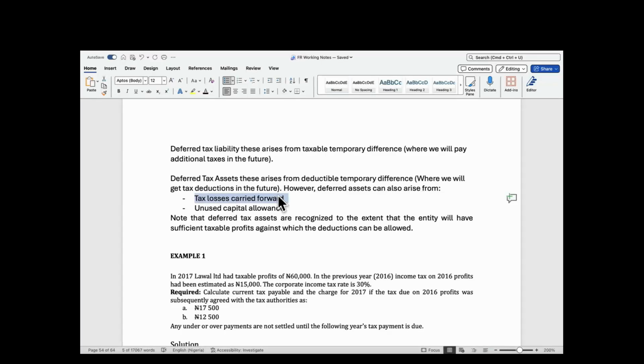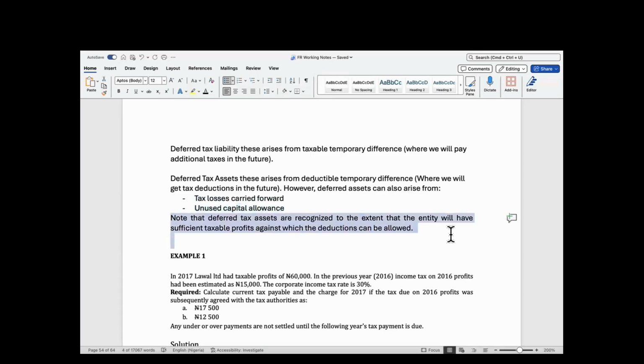So that is also a deferred tax asset, because you will get a tax deduction in the future. The same thing applies to unused capital allowances. They are usually deducted against your profits in the future. So you are getting a tax deduction in the future, so it's a deferred tax asset.